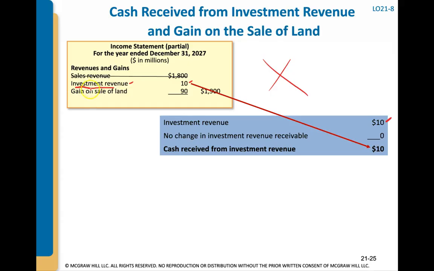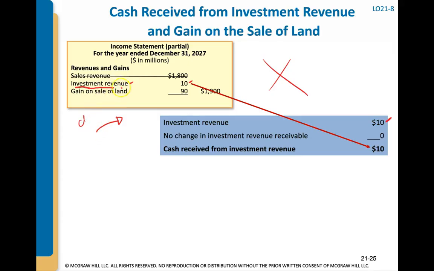The initial investment outlay that we made, whether we purchased a bond or bought shares in another corporation, that initial cash outflow would be an outflow for the investing activity section. Subsequently, whether we receive dividend income or interest income, or just have to recognize a portion of the revenue from the company, if we own between 20 and 50%, we have to do the equity method.